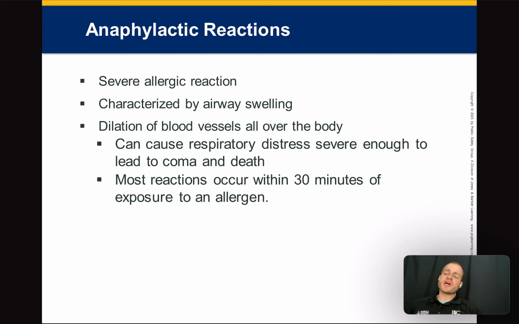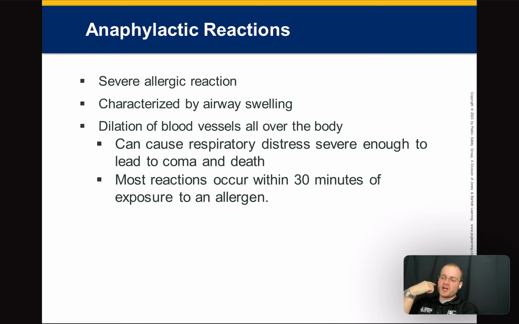Just like in asthma, where we get wheezing and swelling of the bronchi and edema and mucus production, right? We get this massive histamine release that happens in anaphylaxis, and so you end up with distributive shock. Distributive shock, remember, is when all our vessels become really leaky because of this histamine release, but we also end up with this characteristic airway swelling.